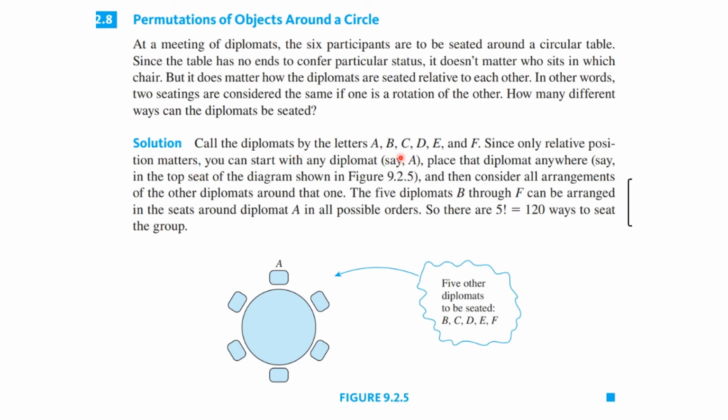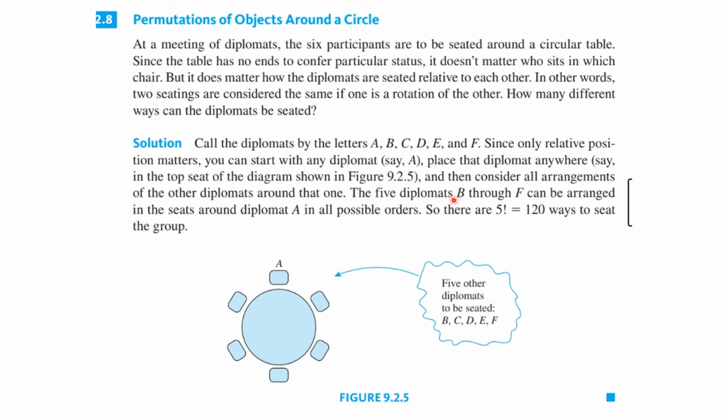Okay, so for sake of the discussion, let's call the diplomats A through F instead of giving them names. So you can start the diagram anywhere with, say, A, which places that diplomat anywhere, say at the top of the diagram, and that's what we're showing here, but it's really anywhere.